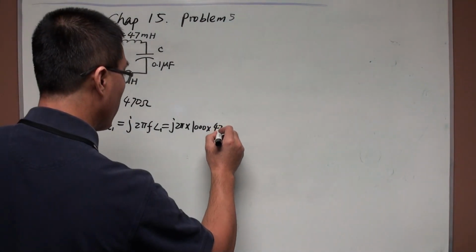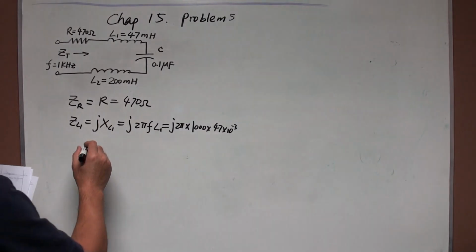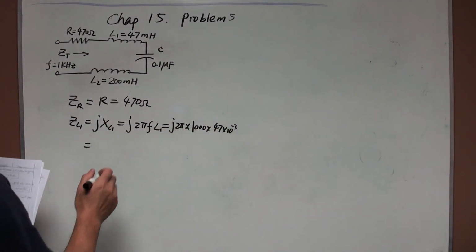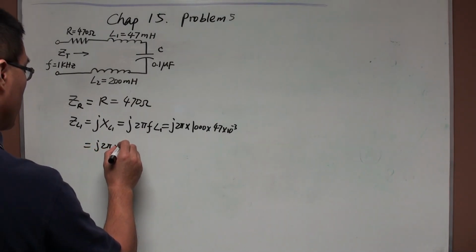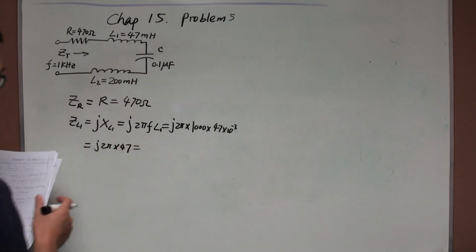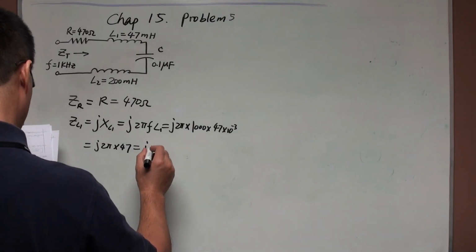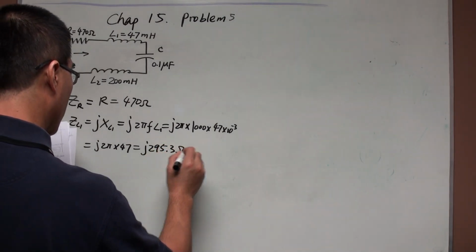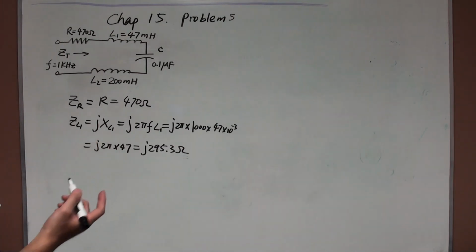So it's 47 times 10 to the power of negative 3. Okay. All right. 1,000 and 10 to the power of negative 3 cancel. So it becomes j 2 pi times 47. Okay. So it's equal to j295.3 ohms. Okay. So that's the impedance for L1.